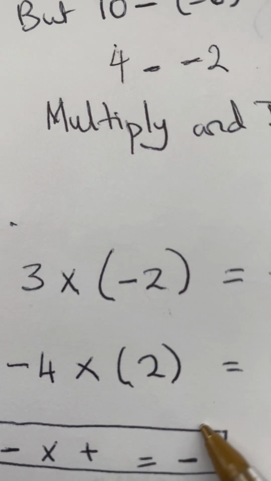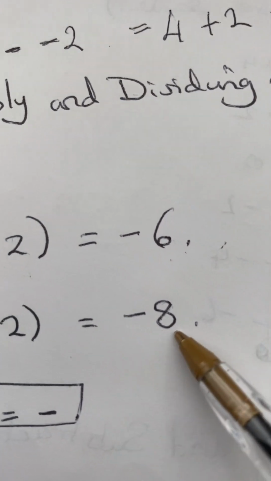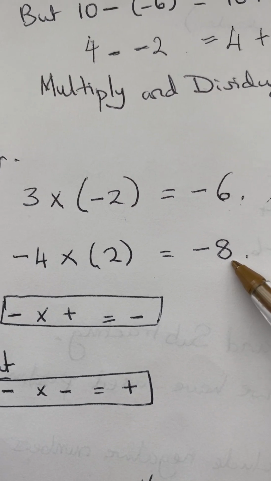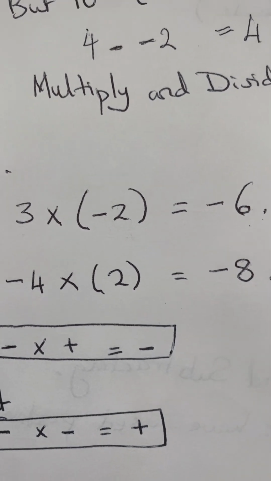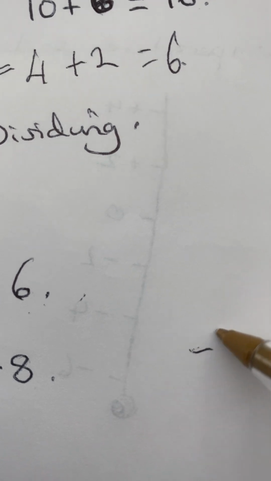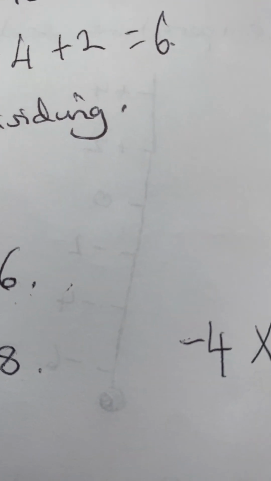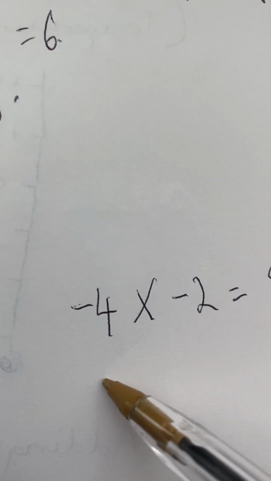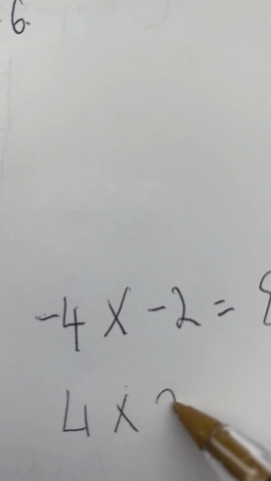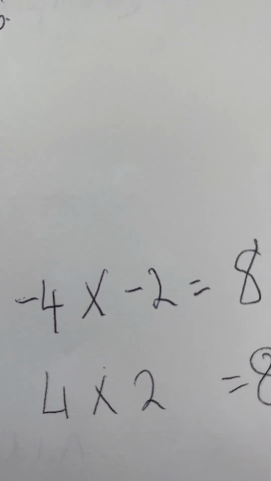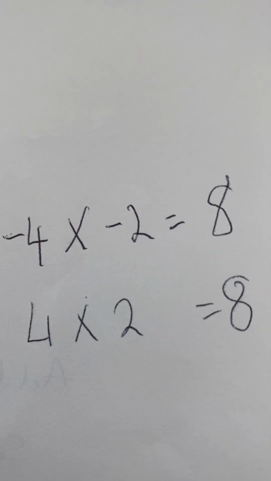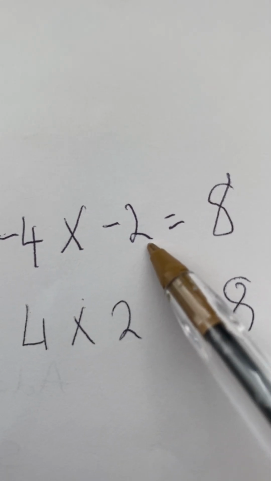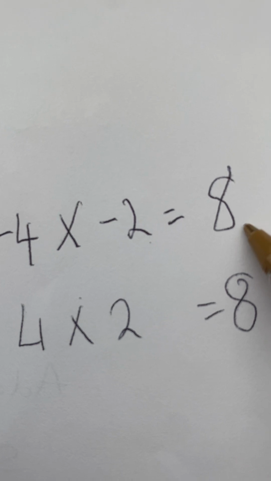Minus 4 times 2 is equal to minus 8. But minus 4 times minus 2 is 8, as 4 times 2 also equals 8. So if you have 2 negative numbers multiplying, it is equal to a positive.